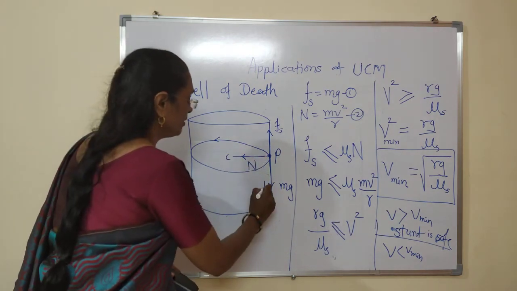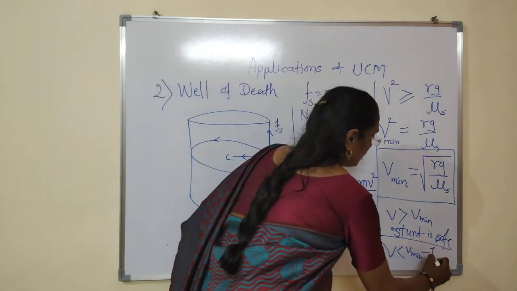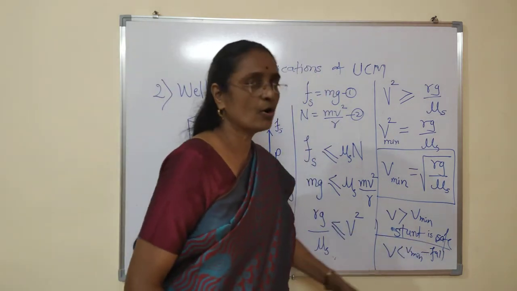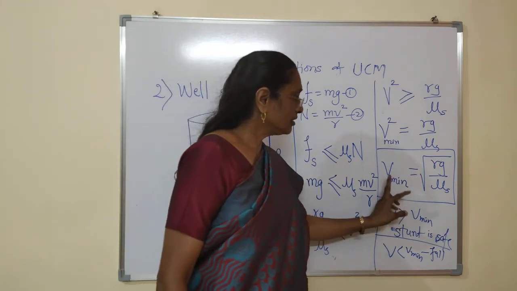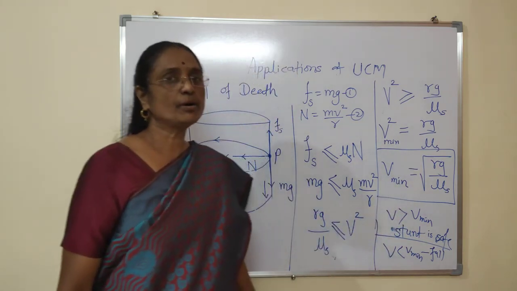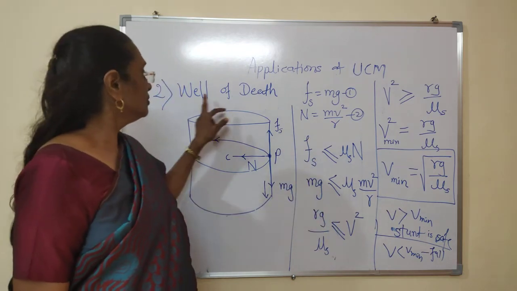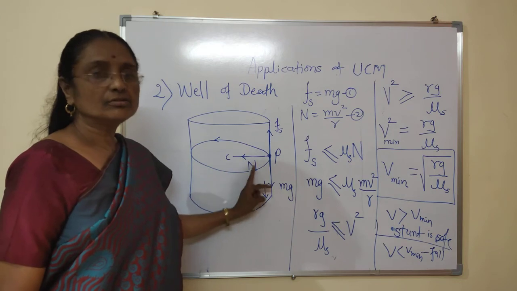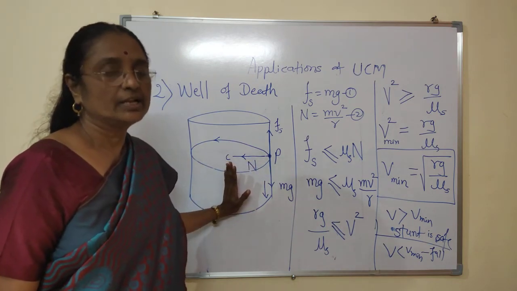The vehicle may fall here. There may be a fall of the motorcycle, or it may fall inside the cylinder. So here we have to use the minimum speed limit with which the motorcyclist can complete the horizontal circles.